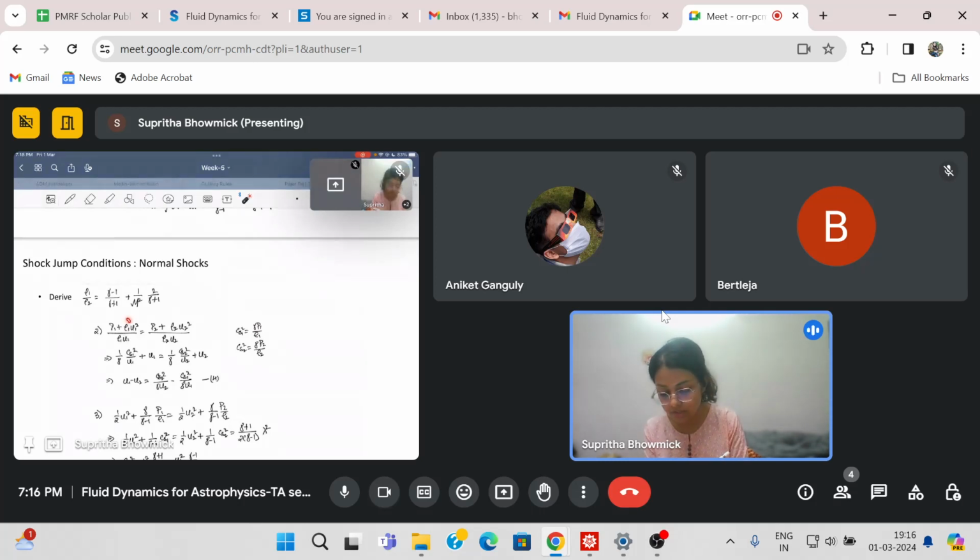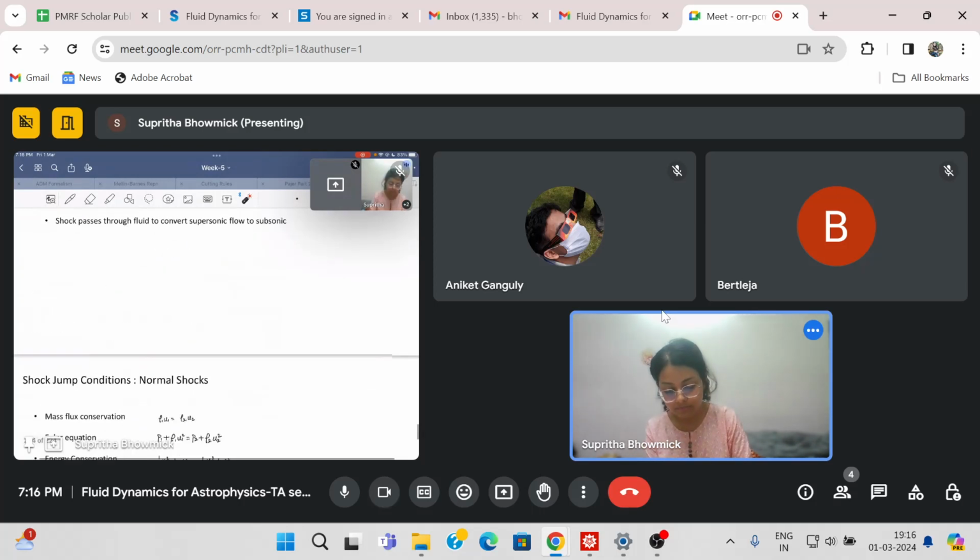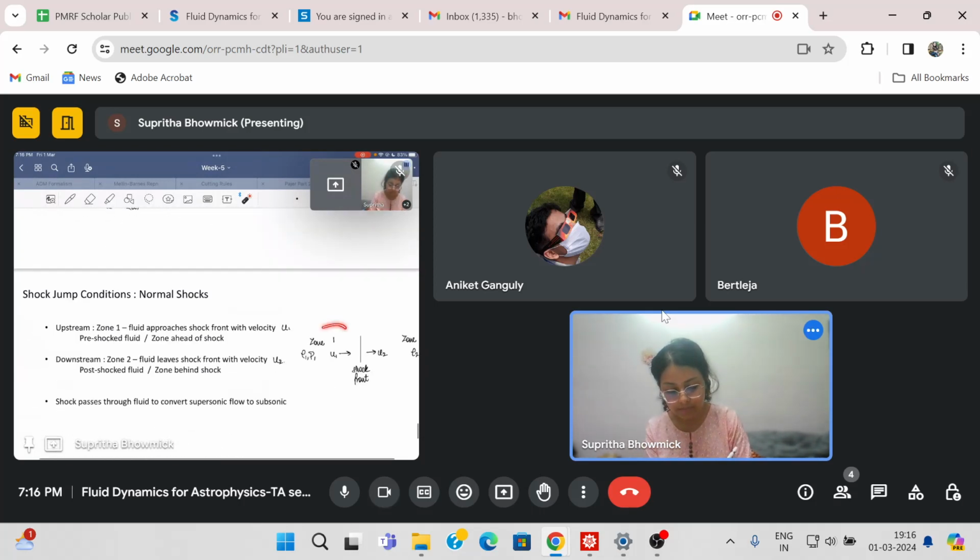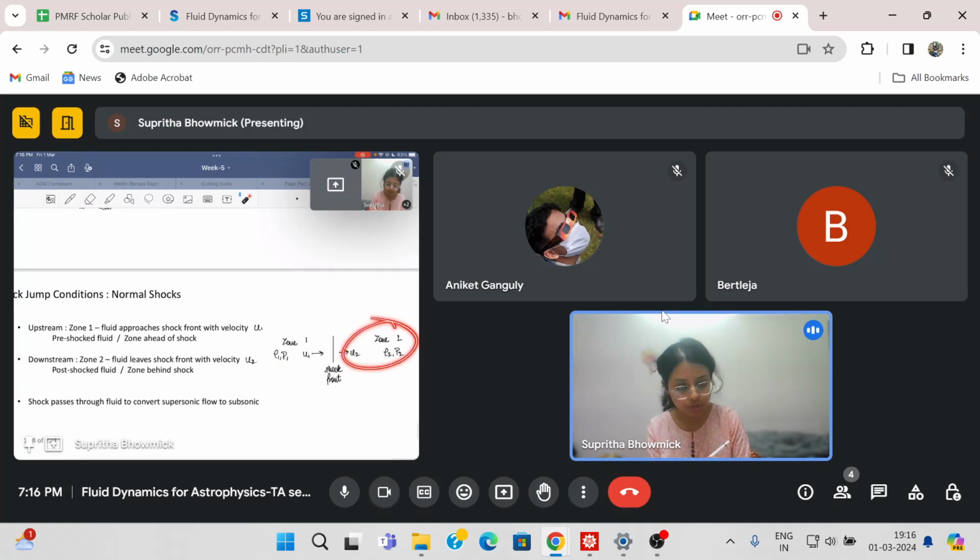The second term is just going to give you u1. Same on the right hand side. Here cs1 is the speed of sound in zone 1, which is the pre-shocked zone. Remember, zone 1 is the pre-shocked zone. The shock has not affected this yet. Zone 2 is the post-shock zone.